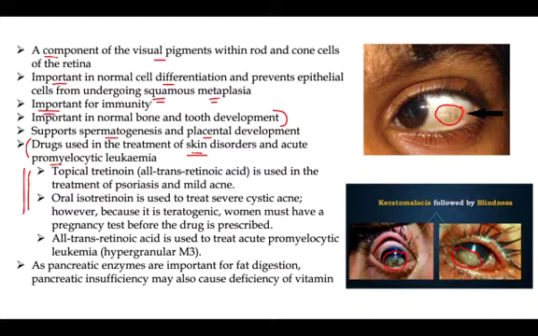This is because pancreatic enzymes, especially pancreatic lipase, facilitate digestion of lipids. And since vitamin A is a lipid-soluble vitamin, if there is an insufficiency of pancreatic function, it will also affect the absorption of vitamin A, as we have seen in the previous slide, leading to its deficiency.